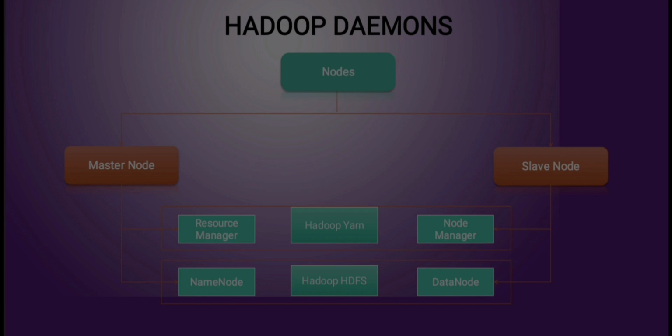Name node. A name node works on the master system. The primary purpose of the name node is to manage all the metadata. Metadata is the list of files stored in HDFS, that is Hadoop Distributed File System. As we know, the data is stored in the form of blocks in a Hadoop cluster.